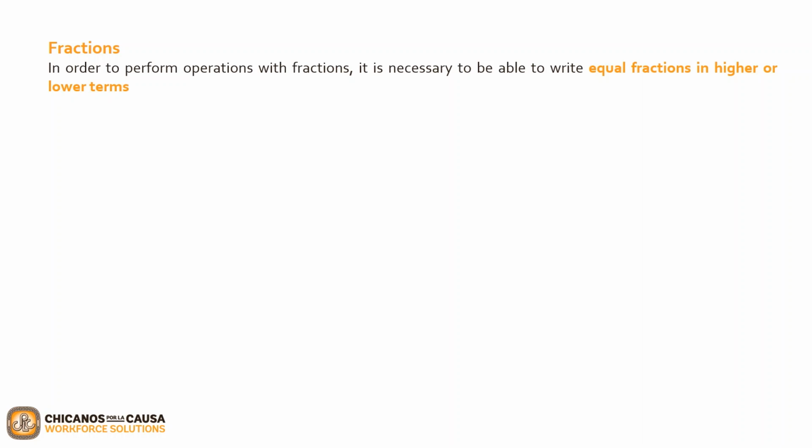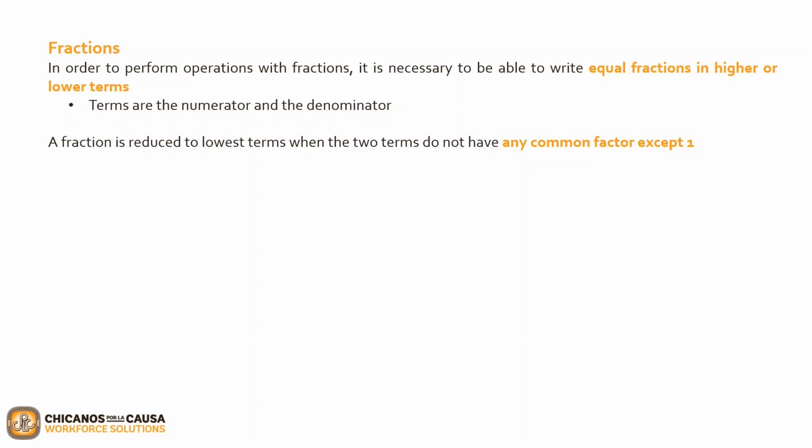Let's keep talking about fractions. In order to perform operations with fractions, it is necessary to be able to write equal fractions in higher or lower terms. Terms are the numerator and the denominator. A fraction is reduced to lowest terms when the two terms do not have any common factor except 1.